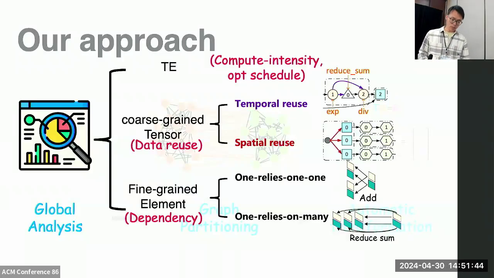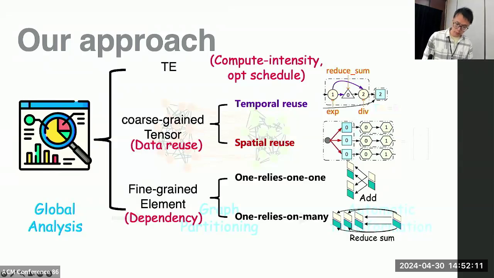And secondly, for tensor expressions with reduction accesses, one element of the output tensor relies on all the elements along all the reduction accesses. With this observation, we can greatly simplify the dependency analysis process compared with source-code-level or operator-level fusion approaches.